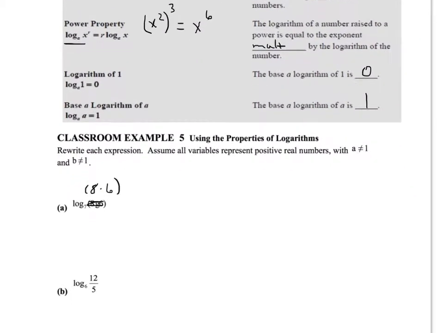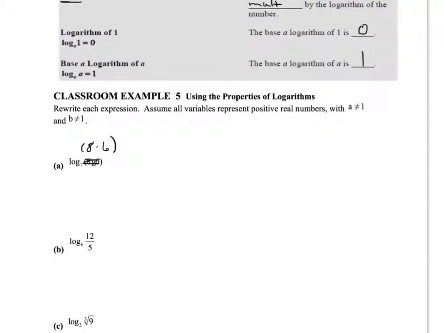Now, using these log properties, we are going to do some expanding, and you will want to make this correction on your paper. There was a little formatting issue where it has a box between the 8 and the 6. It really should be a dot. So we have the product of 8 times 6 we're taking the log of.